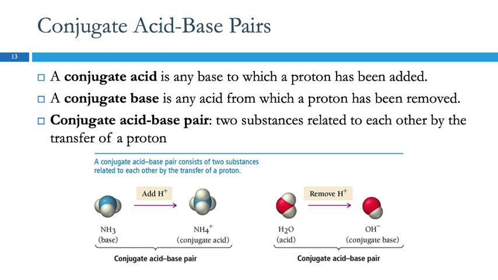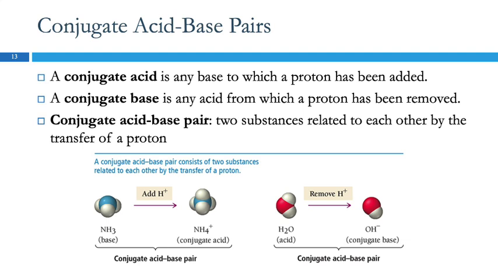Any questions? Yeah. So if it gains the proton, it's an acid. The acid is the one that loses, and the base is the one that accepts. After the base accepts the proton, now it is an acid. Yeah, so it's the conjugate acid of the base.